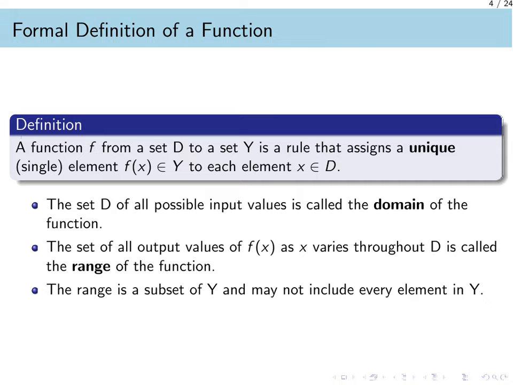For example, if a function squares a number, its domain can be all real numbers, but its range includes only the non-negative numbers, since a square is never negative. It is important not to confuse the range, which is the set of actual outputs, with the larger set Y that contains it. The essential idea to remember is that a function provides a unique, predictable output for every single input from its domain.